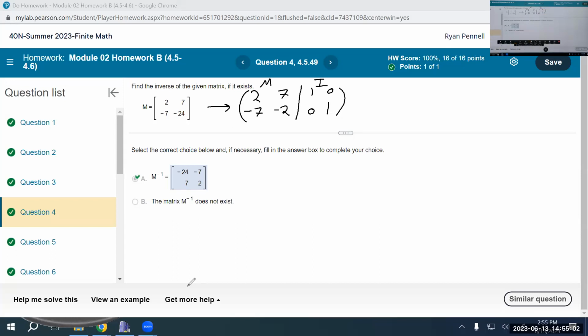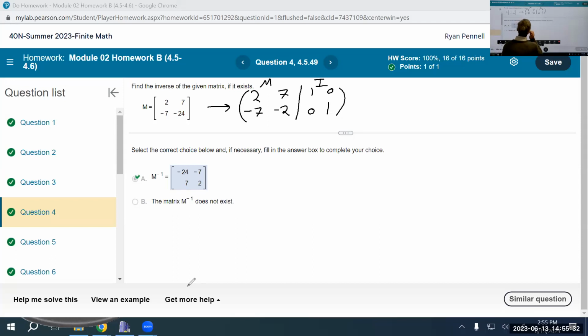And I claim if we row reduce this augmented matrix, we will get the inverse matrix. This is always time consuming, but I think we should at least understand that there's all these different ways, and it's easier with 2 by 2 than 3 by 3. And 4 by 4 is a real thing.